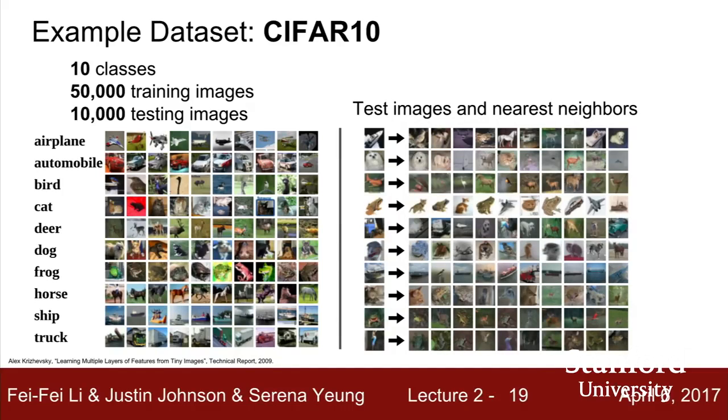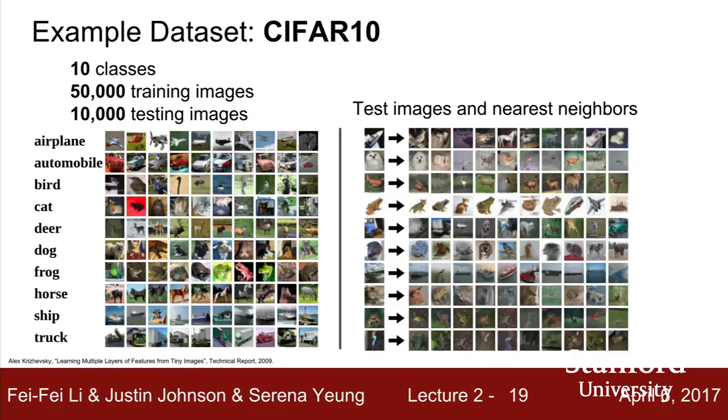Here's an example of applying this simple nearest neighbor classifier to some of these test images on CIFAR10. On this grid on the right, the leftmost column gives a test image in the CIFAR10 data set. On the right, we've sorted the training images and show the most similar training images to each of these test examples.